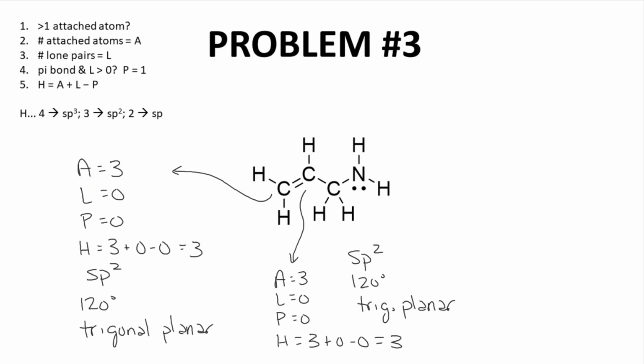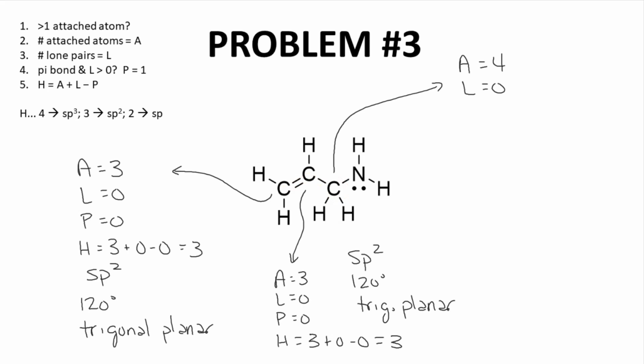Great. Okay, now let's do our next carbon. We'll put it up here in the upper right. That carbon is attached to four different atoms, and it has no lone pairs. Now, this carbon is next to a double bond. There's a double bond, then a bond, and then our atom.